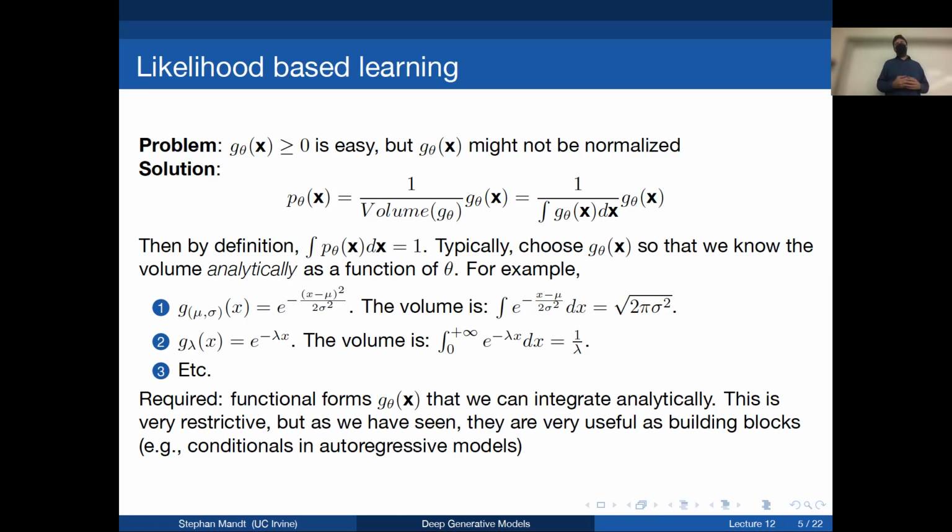In these cases, we often come up with examples where we can compute these integrals easily. But if we want to use g to parameterize some really high-dimensional distribution over images, like millions of dimensions over pixels, then by default it will be very hard to come up with a good functional form of g that you can explicitly integrate. Okay, there's a question over there.